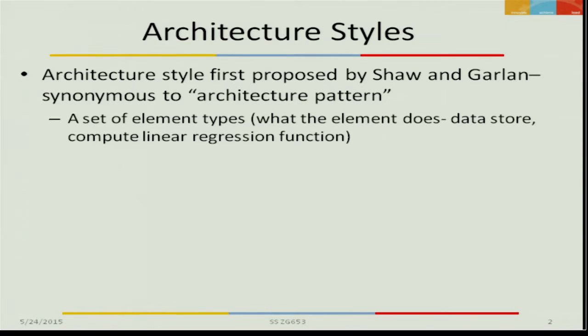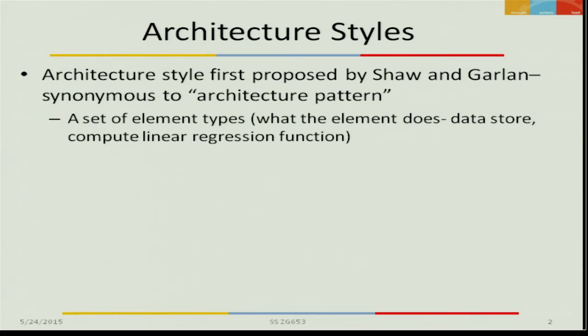So what exactly is a style? It is basically a set of element types. By element types, it means what the element does. Here, element means a unit of computation essentially, or a module.